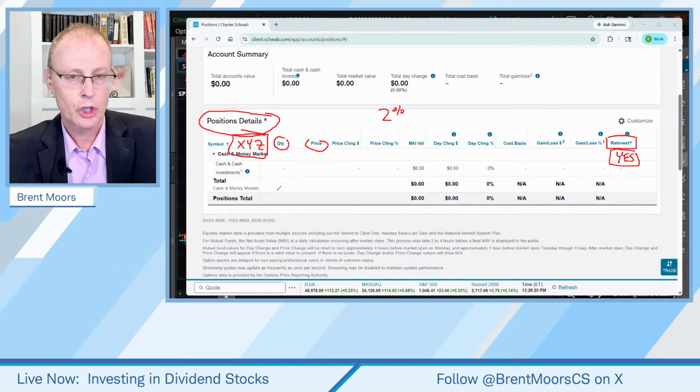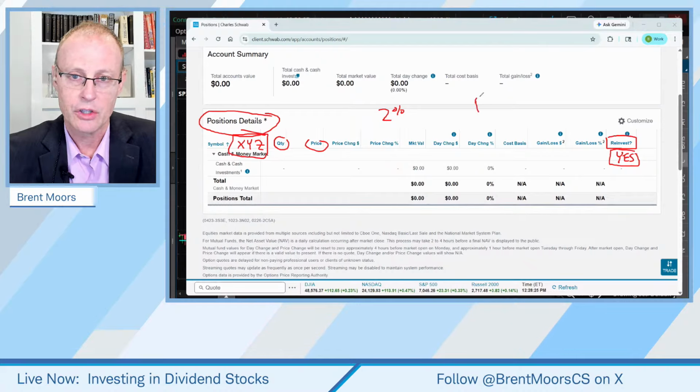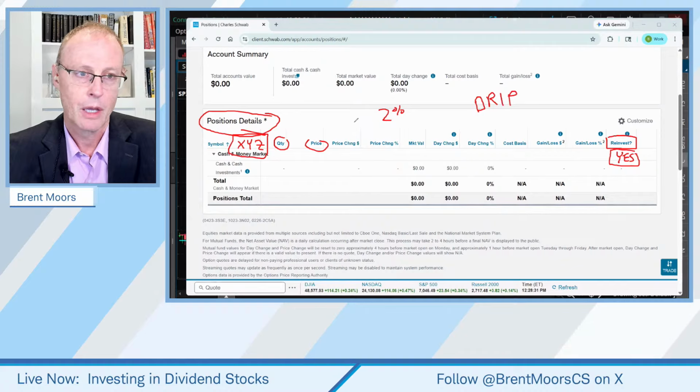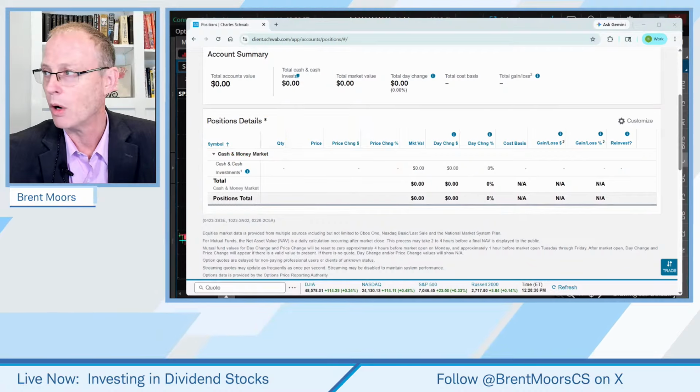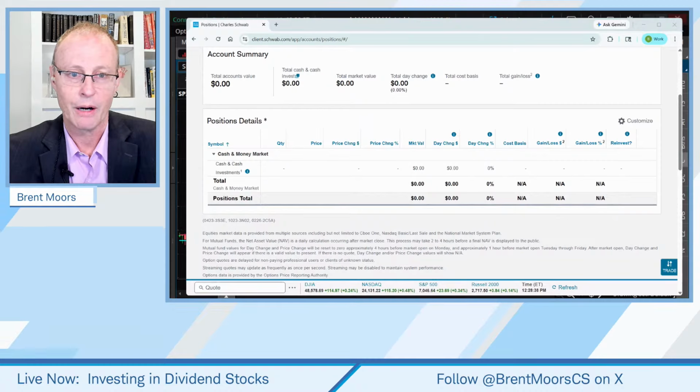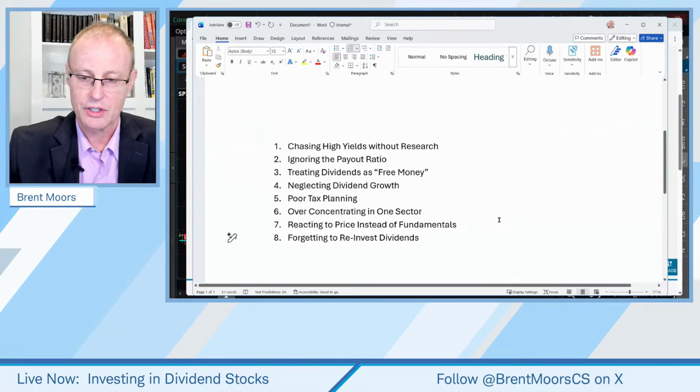But just long term, for a lot of stocks, consider these DRIP programs, DRIP stands for Dividend Reinvestment Program, as a potential benefit for your portfolio. Okay? So that's number 8.